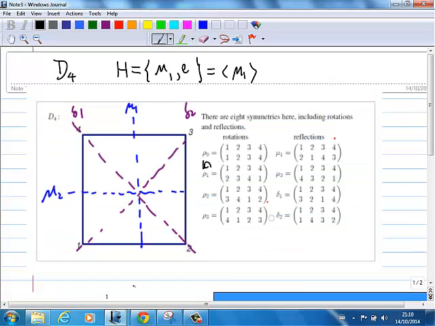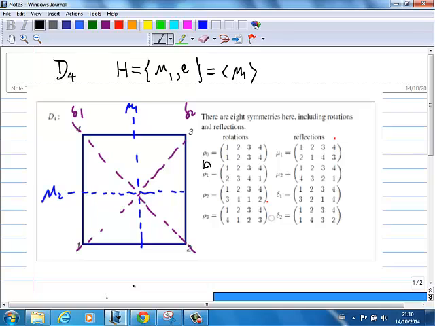Whenever 2 stays put, 4 stays put. What is that? That is rho 1 mu 1, which is the reflection delta 1. Whatever is in 2 stays in 2, whatever is in 4 stays in 4, and 1 and 3 interchange. So that is delta 1.